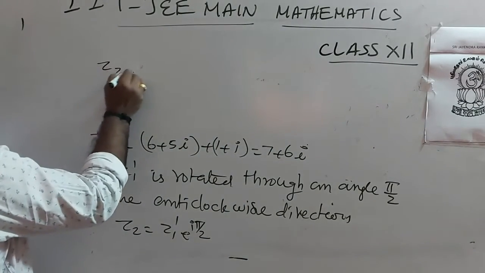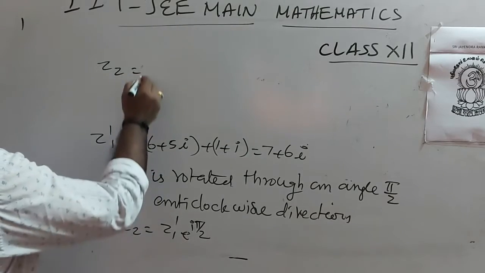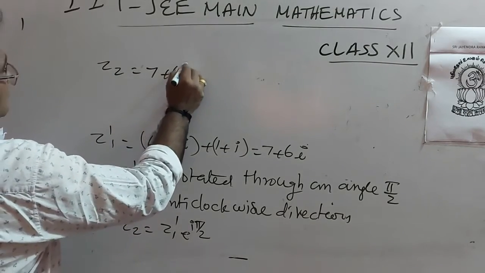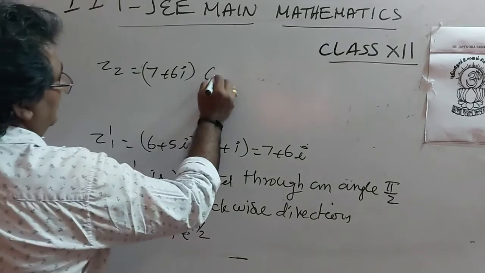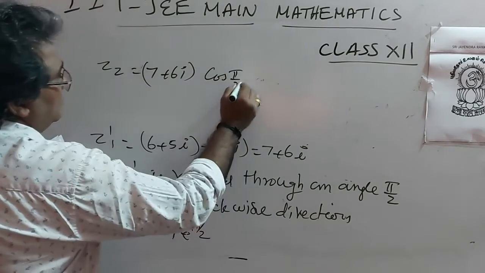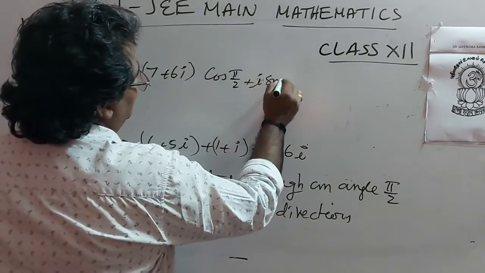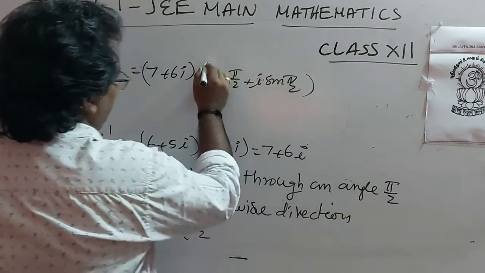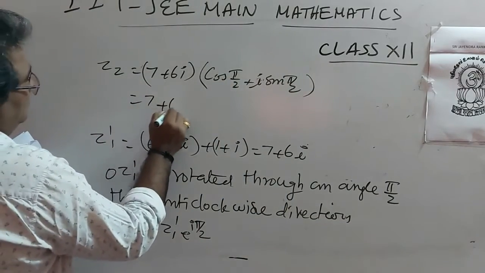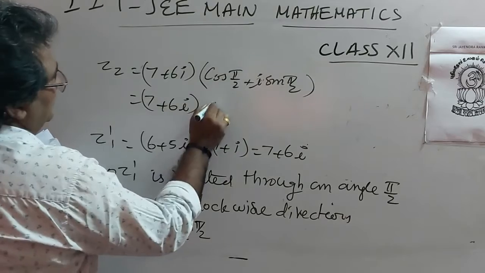So Z2 equal to Z1 dash, that is 7 plus 6i, into (cos pi by 2 plus i sin pi by 2), into i.